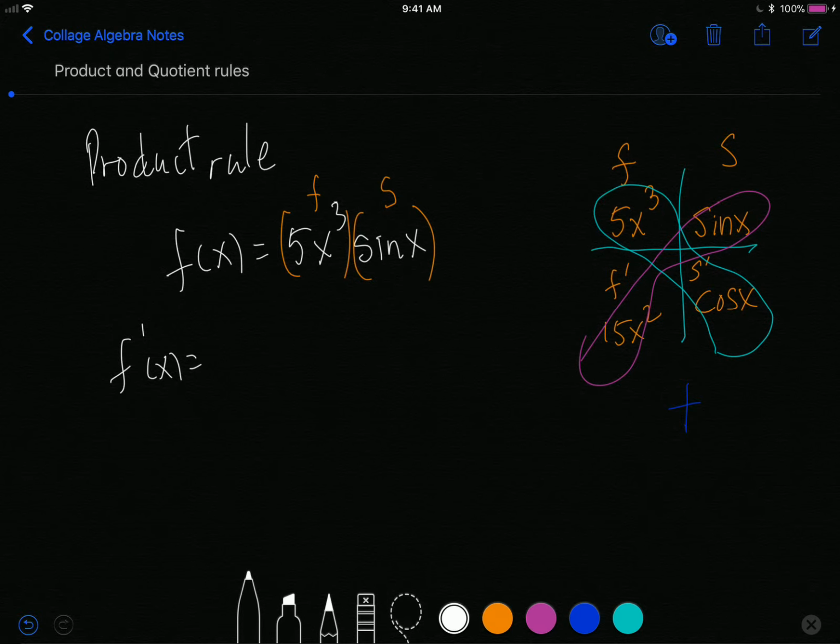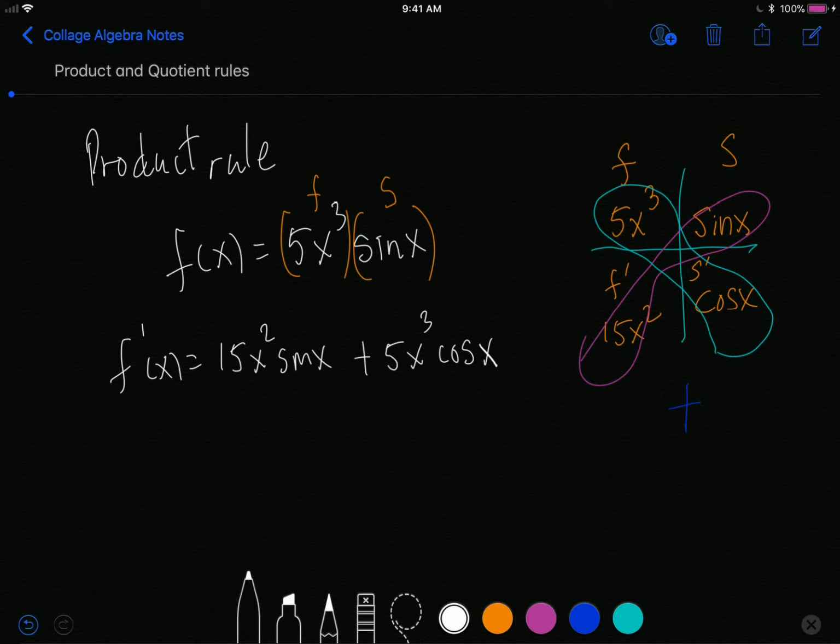And so you will have your 15x squared sine of x, and then your plus sign, and then multiply the other way across, 5x cubed multiplied by cosine of x. And that's your derivative.